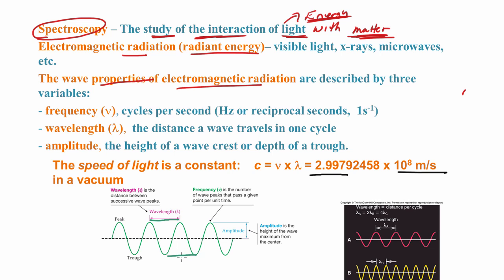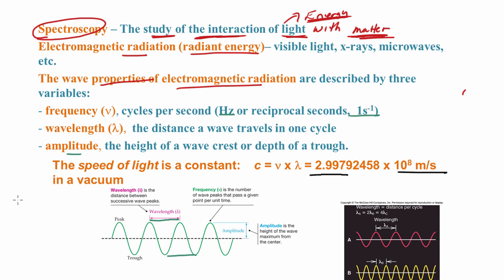The frequency of the wave is the number of wavelengths that pass a fixed point in 1 unit of time, usually in a second. And we know that frequency has the unit hertz or reciprocal seconds. As far as the amplitude, that is the height of a wave. And when we're talking about light waves, you can think of amplitude as being the intensity, the brightness, or the dimness of that light wave.